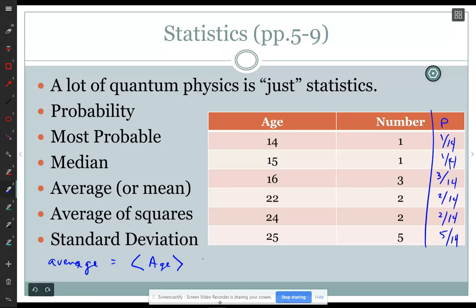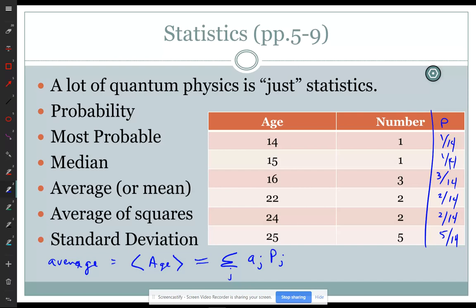And we calculate it by taking each age measurement multiplied by the probability of being at that age. So sum over all j's. In this case, I take 14 times 1 over 14 plus 15 times 1 over 14 plus 16 times 3 over 14. Add those all up, and I get the average. Simple enough?